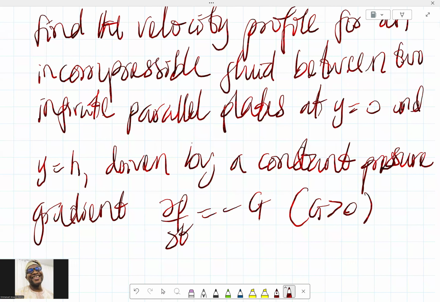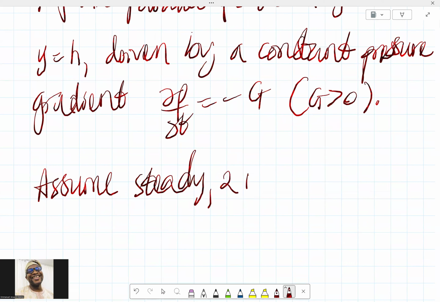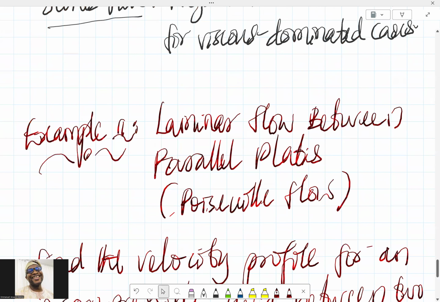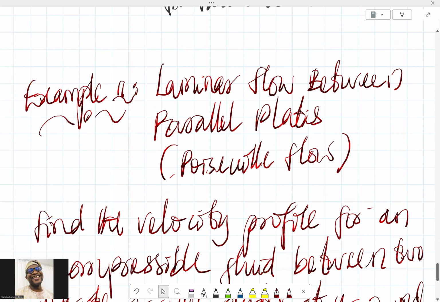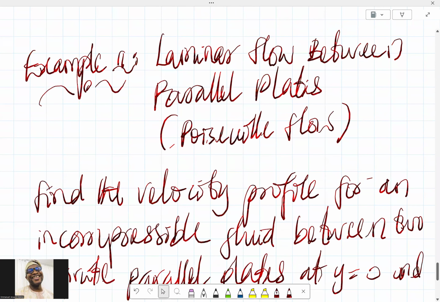Then assume steady two-dimensional flow with no external forces. So F is gone here, no external forces. That's the problem for laminar flow between parallel plates, called the Poiseuille flow.